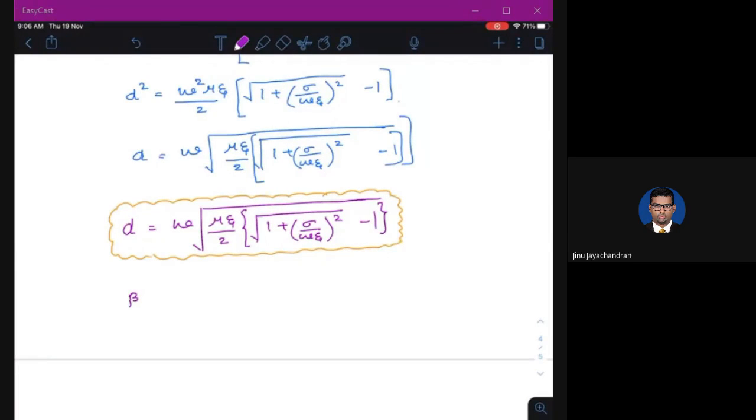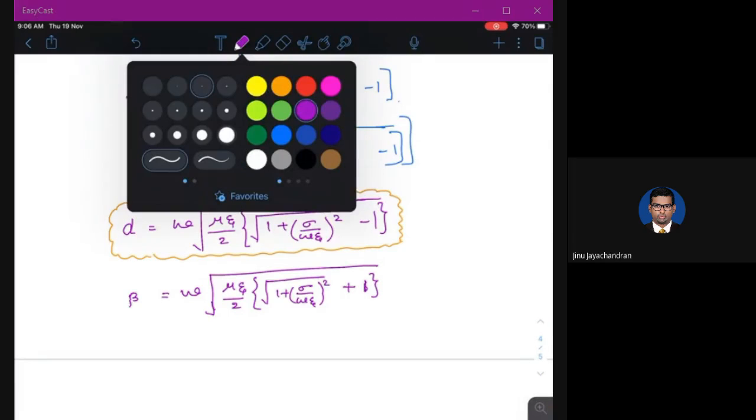So you get beta as omega square root of mu epsilon by 2 into square root of 1 plus sigma by omega epsilon the whole square, plus 1. That's the only difference. In alpha you have minus 1, in beta you have plus 1. And that is your beta.